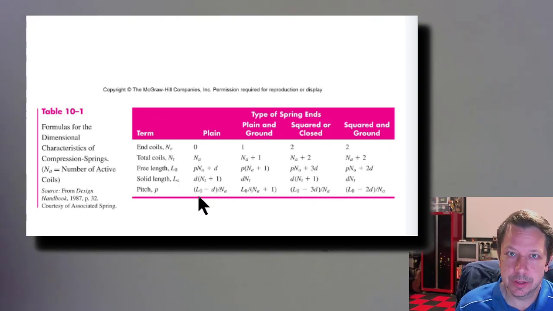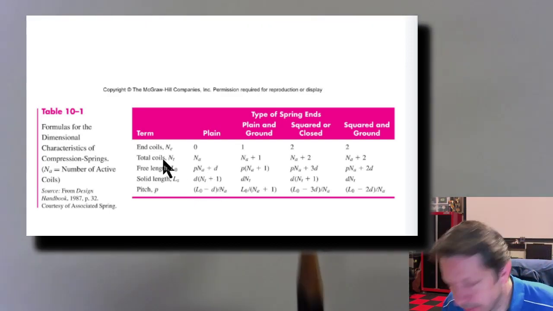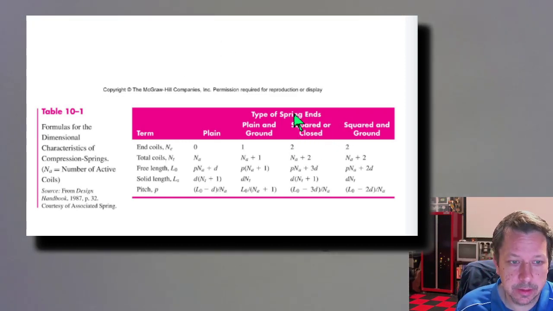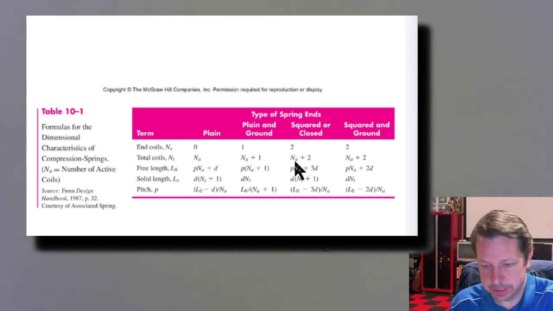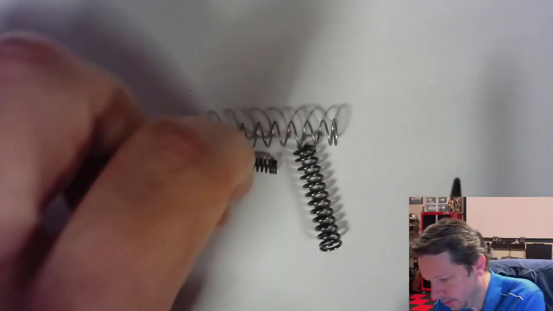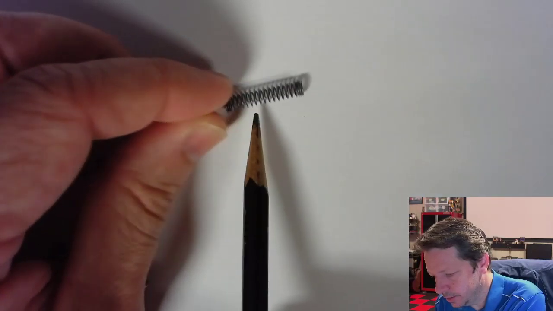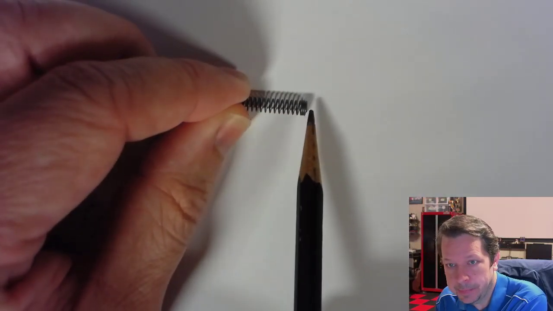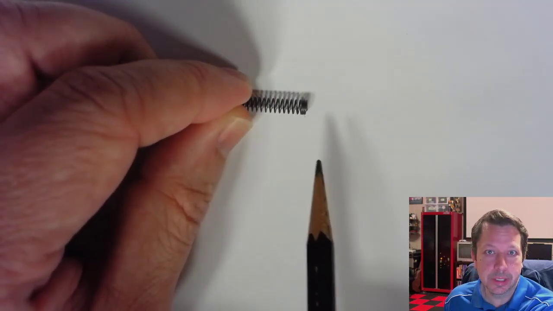Now, for what we're going to do, we're going to take the chart as it is. For instance, these would be the squared or closed, and it says the total coils is equal to N_a plus something. N_a is the number of active coils. As you can see on this one, which would probably be the easiest to see, I've got all these coils in here, and these on the end aren't really doing anything spring related.